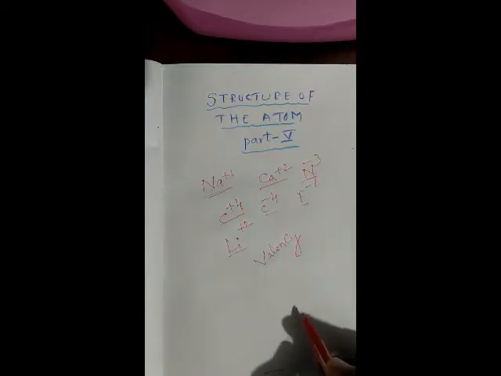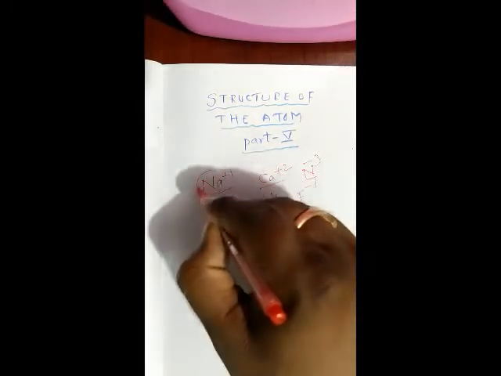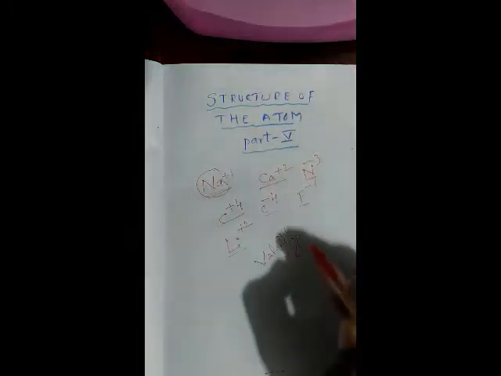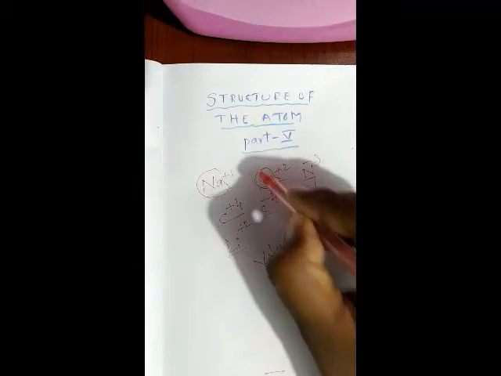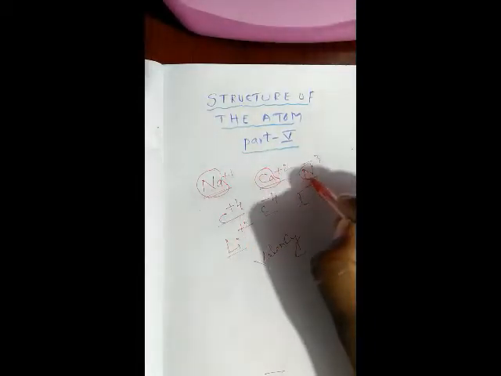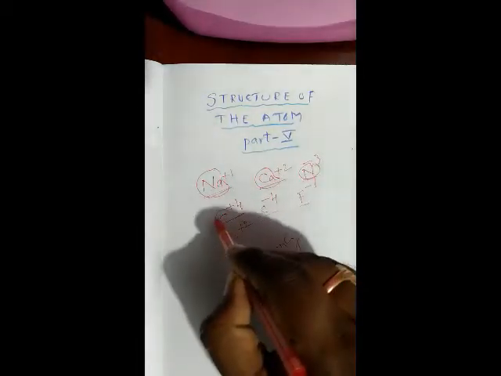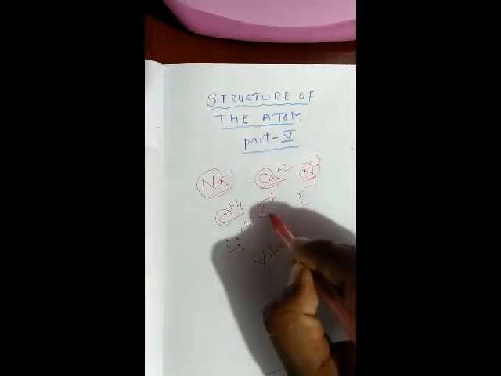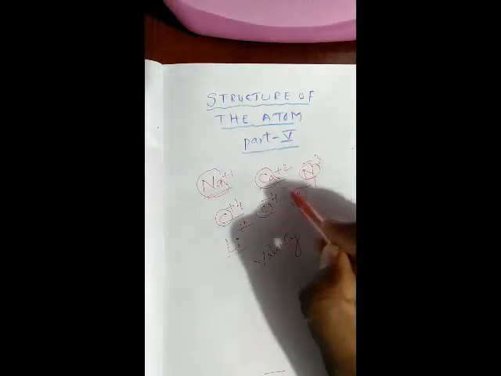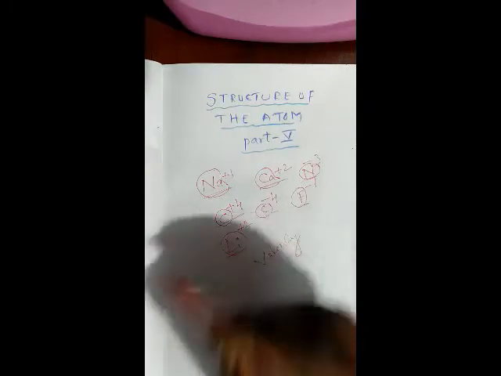Now see here, Na is the sodium atom, Ca is the calcium atom, N is the nitrogen atom, C is the carbon atom, F is the fluorine atom, Li is the lithium atom.